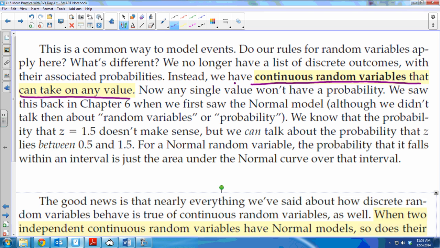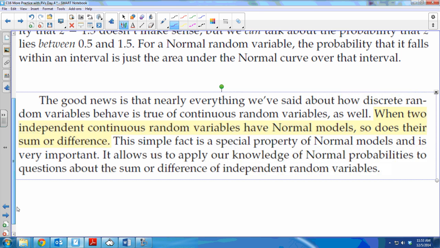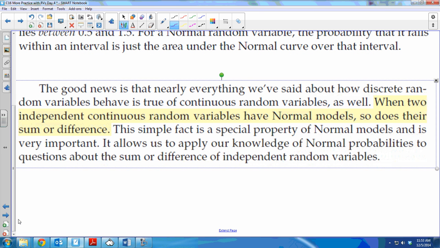Also important, all of those rules that we learned about discrete random variables, like adding variances and all that, all that still applies. There are no new rules for continuous random variables. So we still have the old stuff. This chapter is still intact. When 2 independent continuous random variables have normal models, so does their sum or difference.